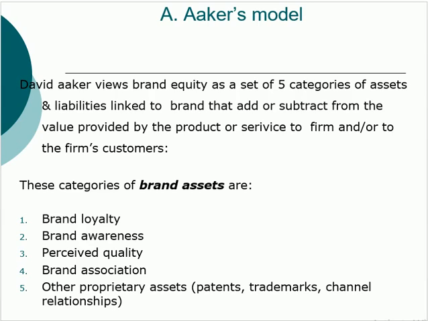So the 5 brand assets are brand loyalty, brand awareness, perceived quality, brand association and other proprietary assets. Proprietary assets consist of patents, trademarks, channel relationships and copyrights as well. And there are liabilities for a brand that add or subtract from the value of a product. So that relates to the firm.